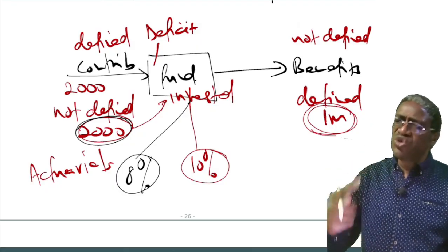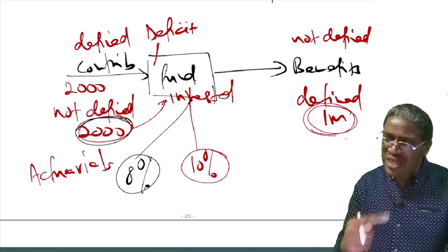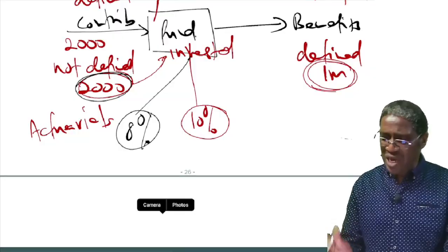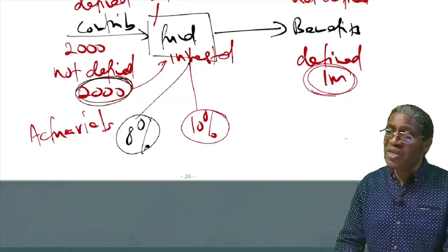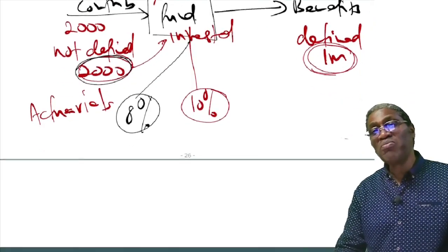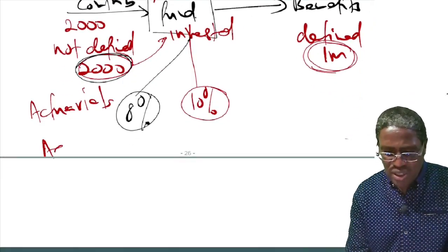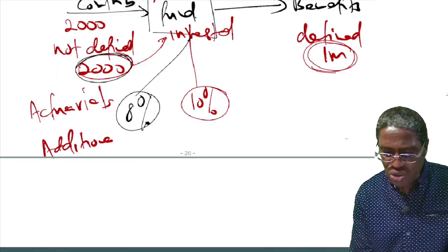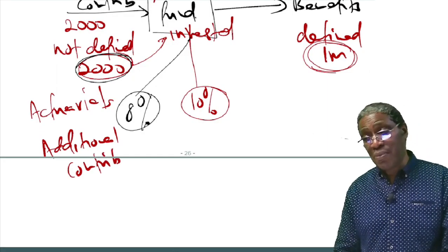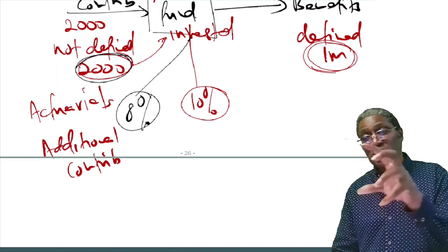So what do we do to correct for that scenario of a deficit? Listen, it is at this point that the employer will be told to make additional contributions into the fund so as to make up for the expected shortfall.